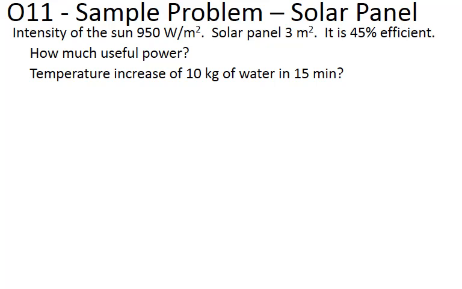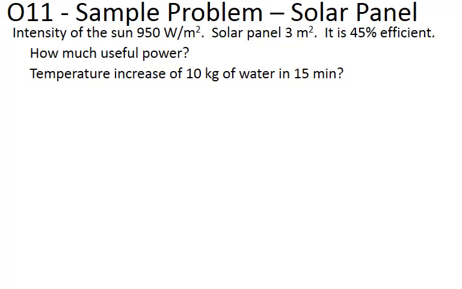The intensity of the sun is 900 watts per meter squared. At this particular location, the solar panel is 3 meters squared. Now, this is a 45% efficient solar panel, and we want to look at how much useful power there is, and then if we had 10 kilograms of water, how much would the temperature go up in 15 minutes?